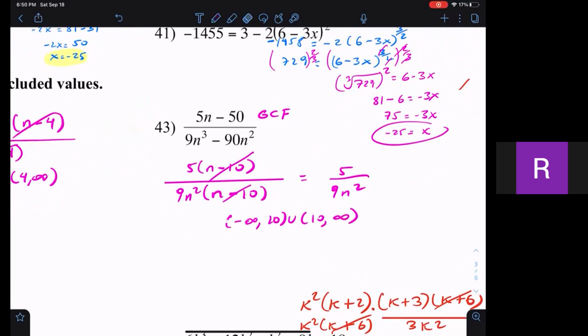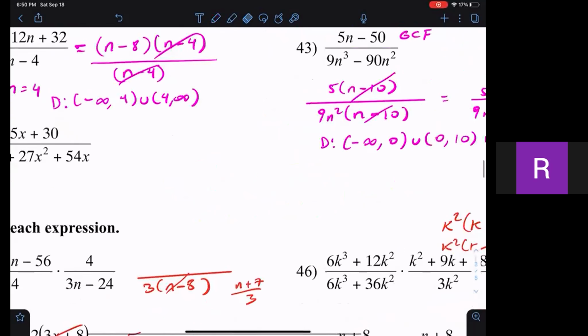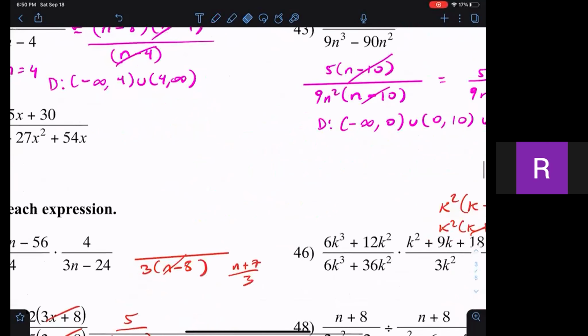Oh, and also 0, I forgot. So negative infinity to 0, union, 0 to 10, union, 10 to infinity, because 0 cannot be used. So this is the domain. Okay? Or you can put just the excluded values are 0 and 10 if you want.